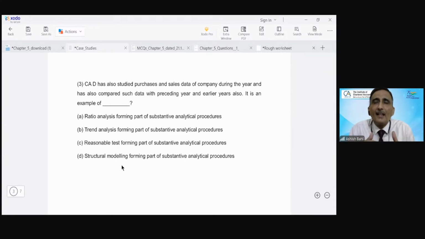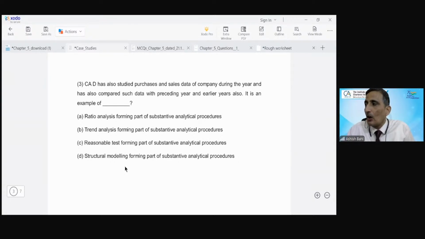No ratio is being calculated. Ratio is calculated when you take two figures like debtors and turnover, like gross profit and sales, and you calculate some ratio. Here he is comparing the figures of one period with another. It is called trend analysis, not ratio analysis.